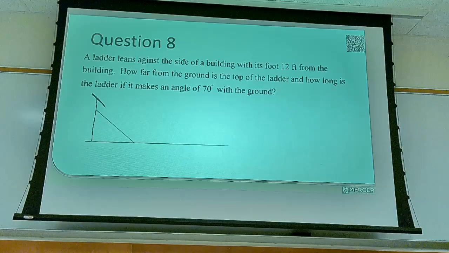It says it makes an angle of 70 degrees with the ground. That means that's 70 degrees, and it is 12 feet.